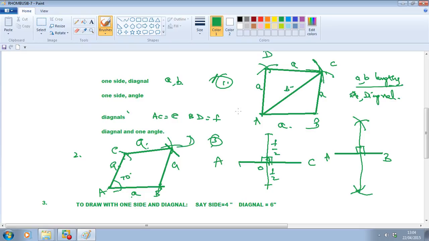In the perpendicular, first you draw the perpendicular line, and then from this point O, you take the exact measurement and cut it, these two, like this. We know this length is F by 2. This also is F by 2. The length should be more than half, then only the arcs will cut each other.